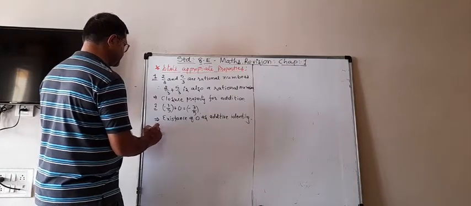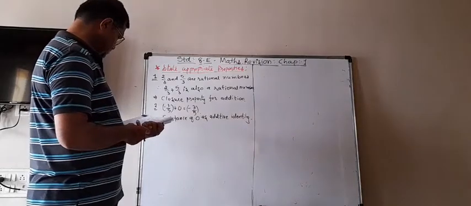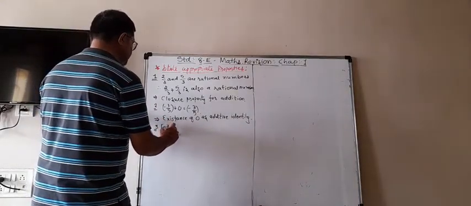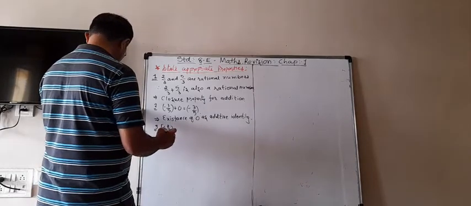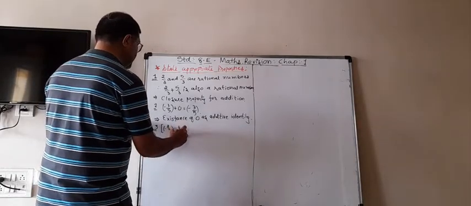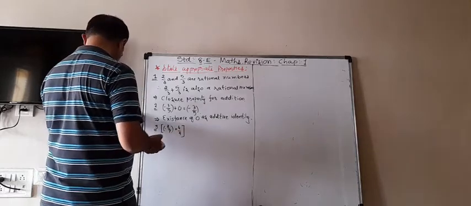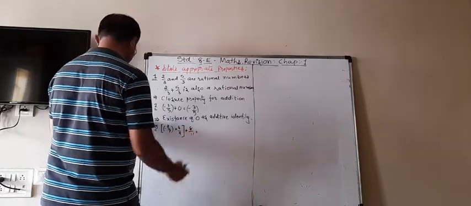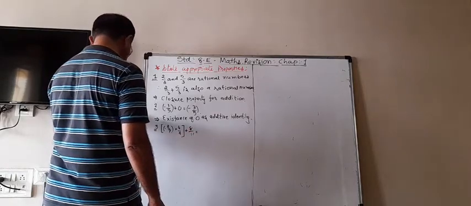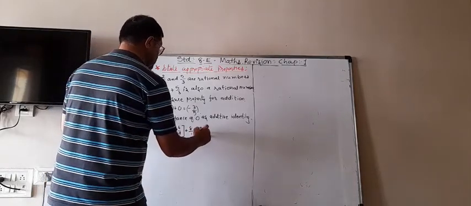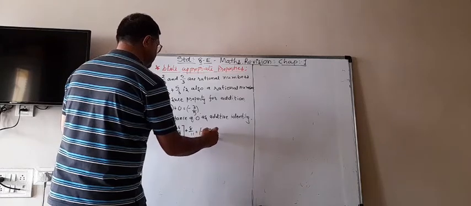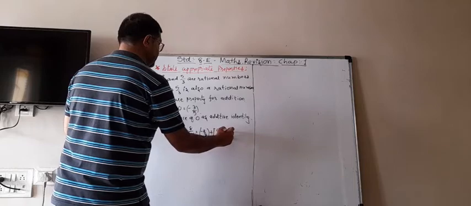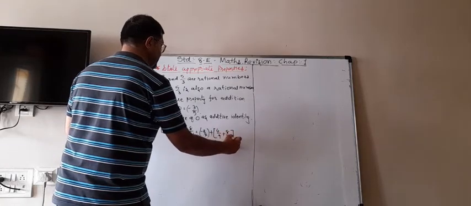Number 3. Bracket minus 2 by 7 plus 4 by 9 plus 8 upon 11 is equal to minus 2 by 7 plus 4 by 9 plus 8 by 11.